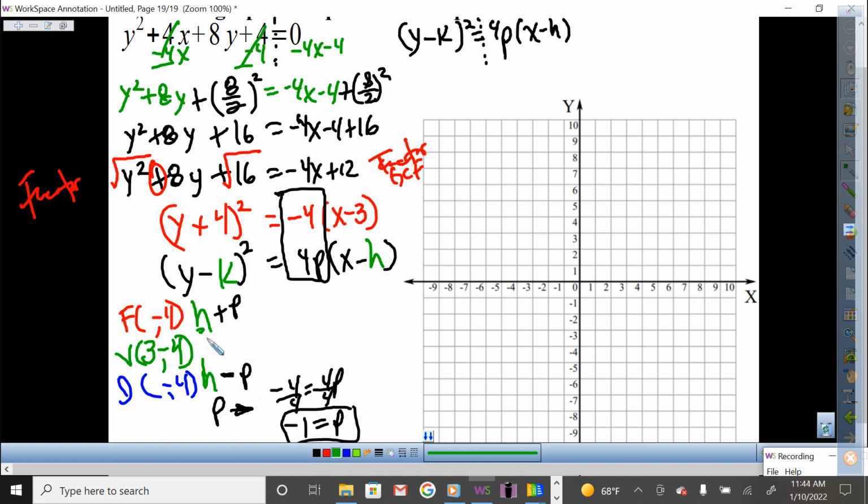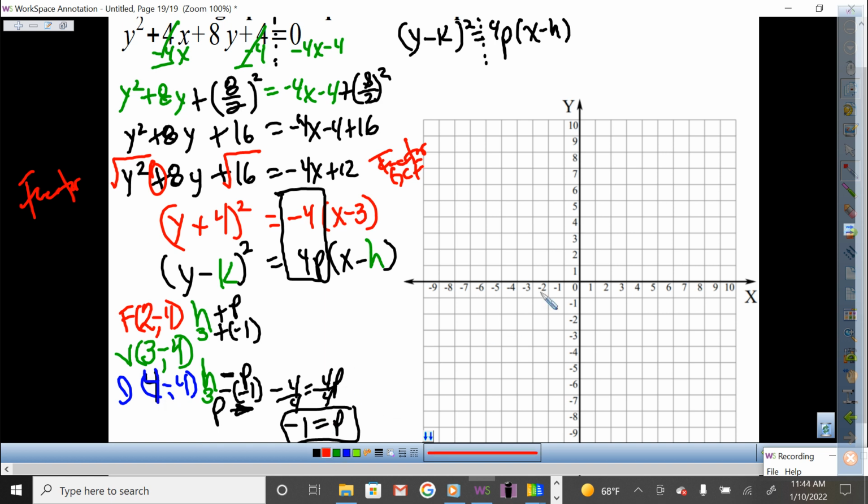So what is h? 3 plus p, which is what? Negative 1. So what is 3 minus 1? 2. And this one, 3 minus negative 1. What is negative times a negative? Positive, so that is positive 4.